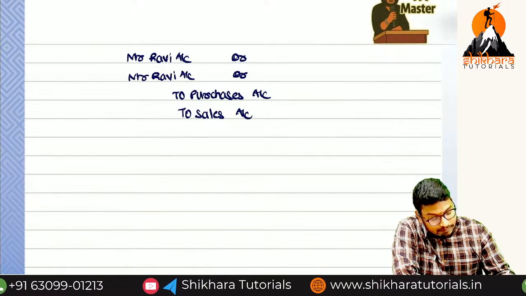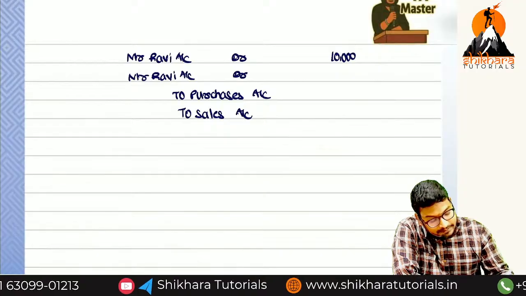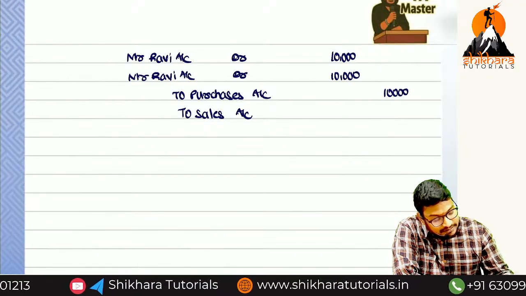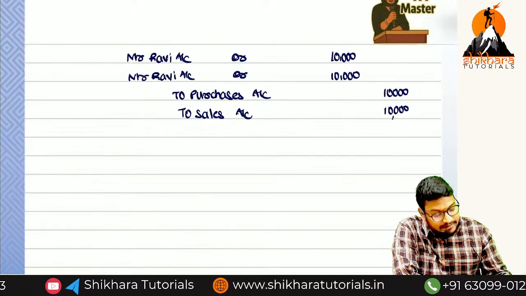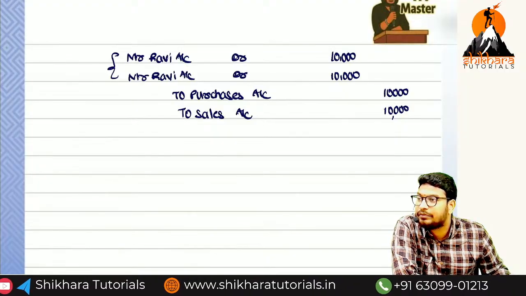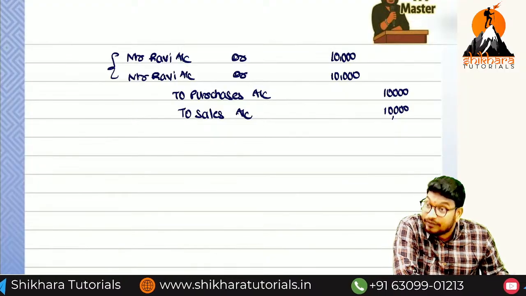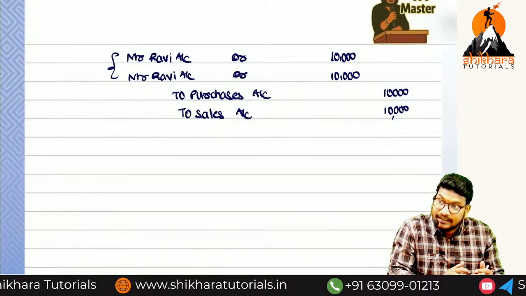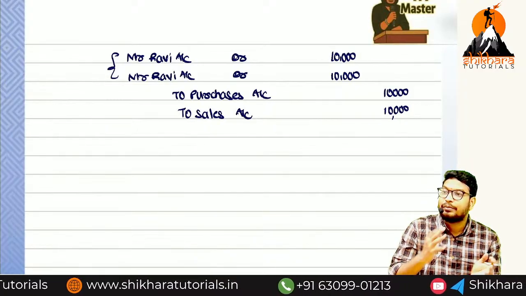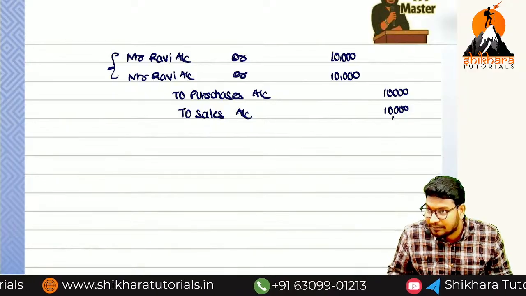So now Mr. Ravi is how much? 10,000 and 10,000. Purchase is also how much? 10,000, and sales is also how much? 10,000. But the same side both the accounts are the same, so what can we do? We can add. Same side same account means we can add. Now opposite side same account means what can we do? We can cancel. Are you getting the point or not?